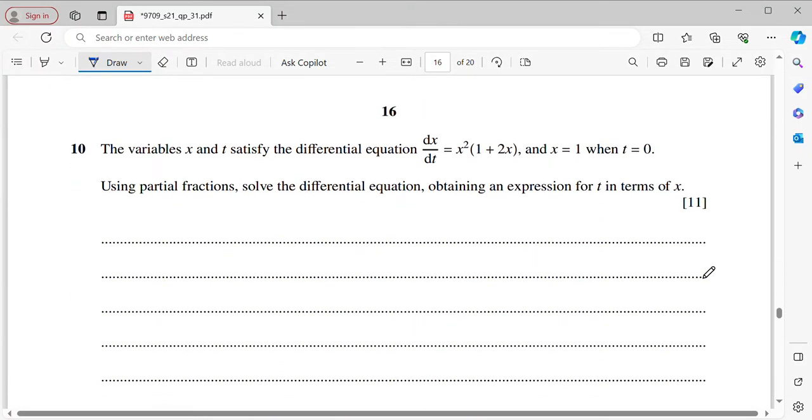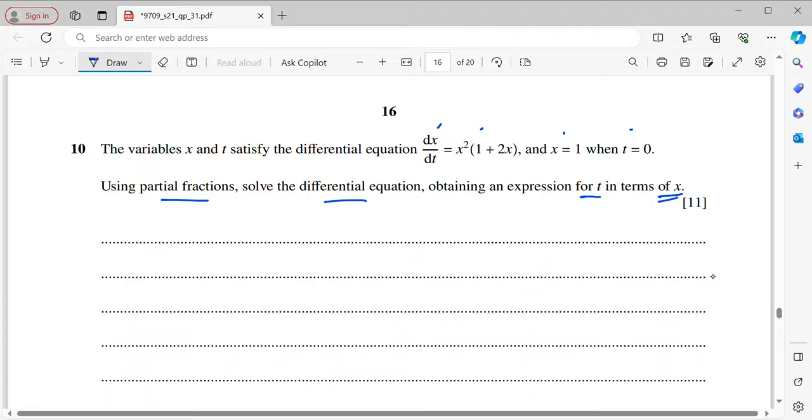Now, question number 10. The variables x and t satisfy the differential equation, and x equals 1 when t equals 0. Use partial fractions, solve the differential equation, obtaining the expression for t in terms of x. So now, first of all, I have to separate the variables first.